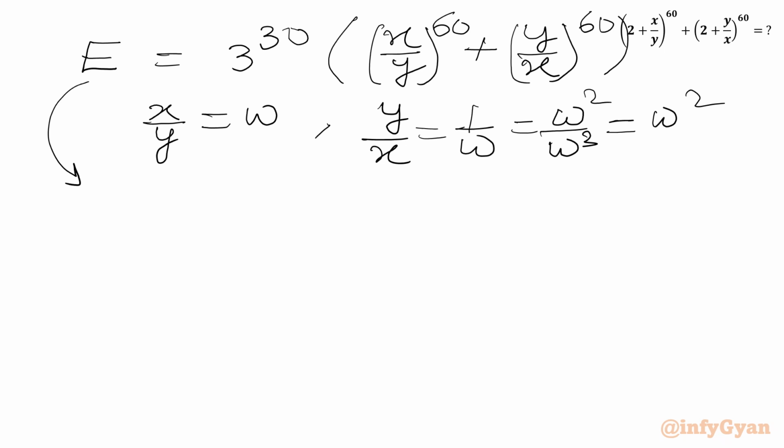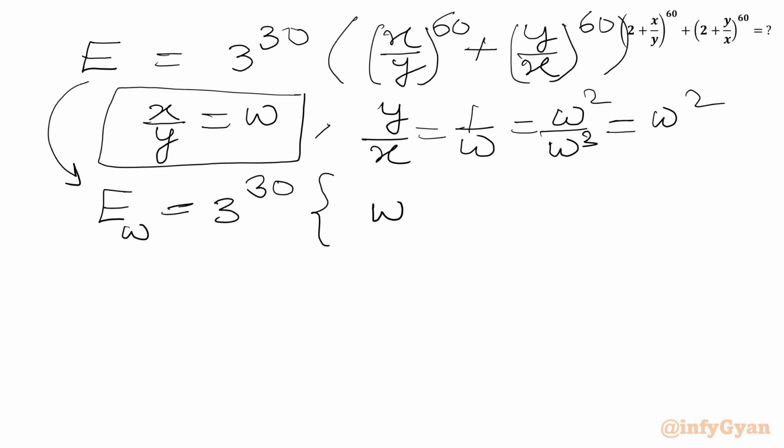So I will write our expression E will be 3^30. In the bracket we can write x over y, which is omega. I am calculating for x over y equal to omega. So I will write omega^60 plus y over x is omega square whole power 60.